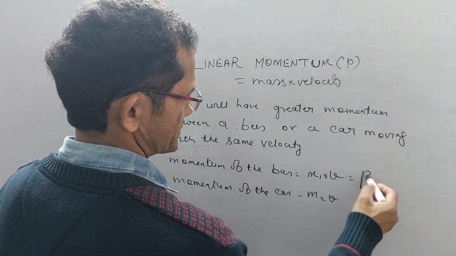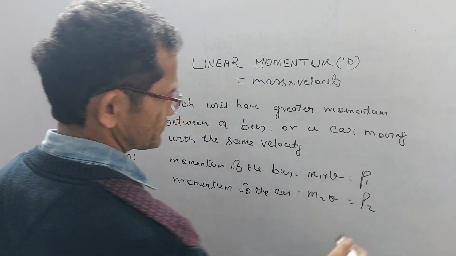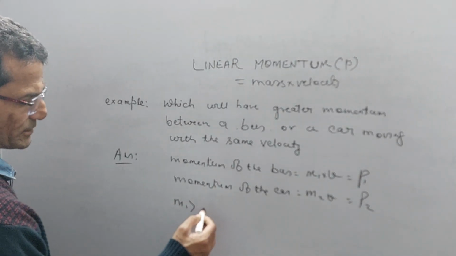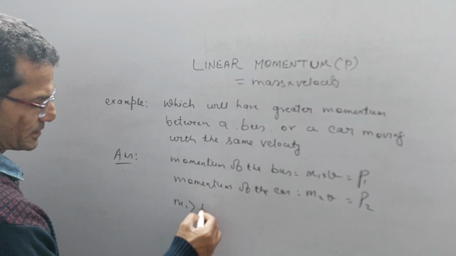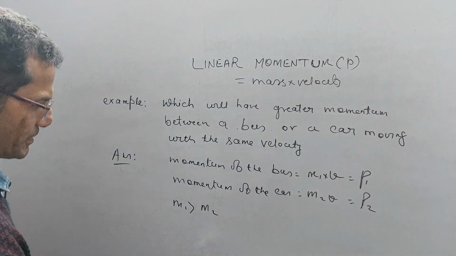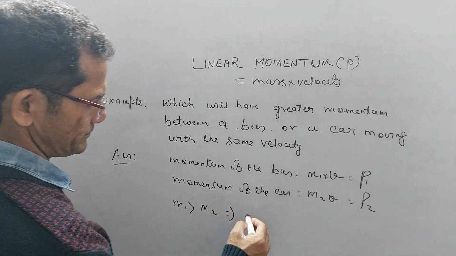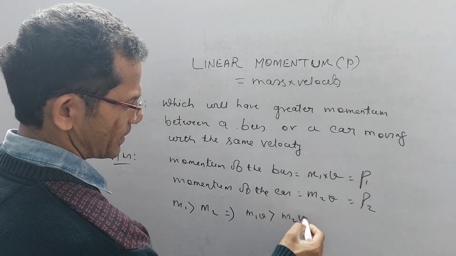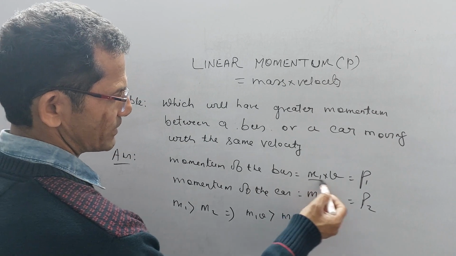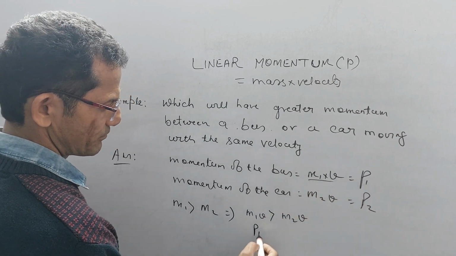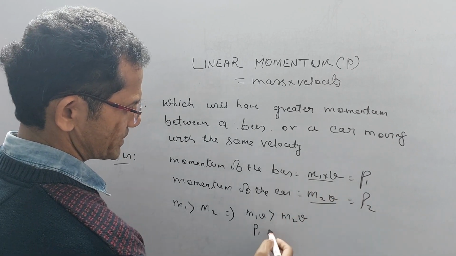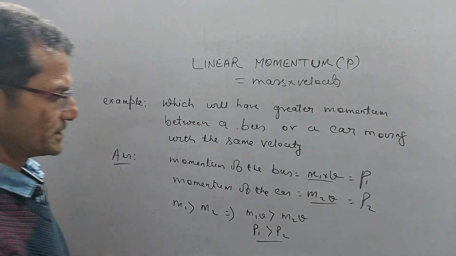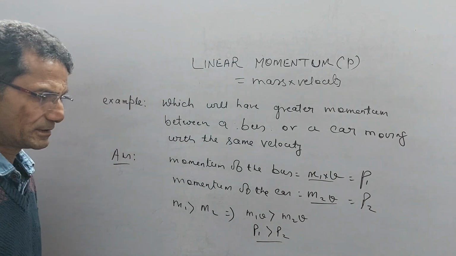If I represent these as P1 and P2, we know the mass of the bus is greater than that of the car. If you multiply both sides by v, m1v is greater than m2v, where m1v is equal to P1 and m2v is equal to P2. Therefore, the momentum of the bus is greater than that of the car.